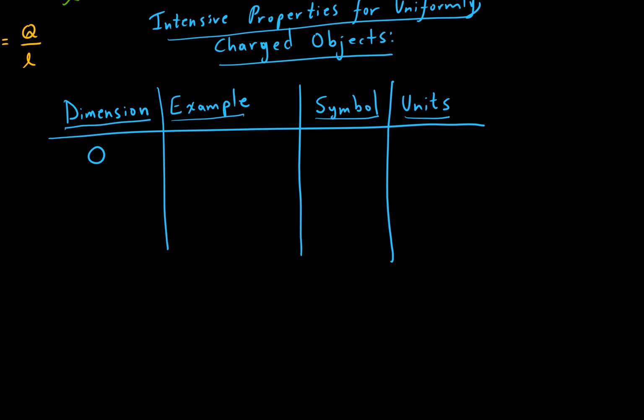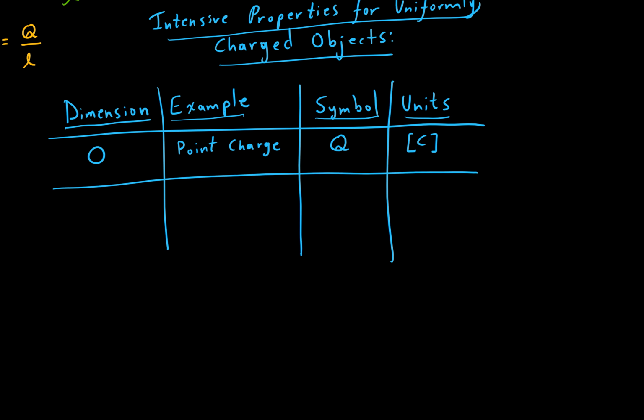So what if we have a zero-dimensional object? Well, that's the same as a point charge. It can be described only by one constant, what its charge is, assuming that charge does not change. And we can describe this with the units of Coulomb.